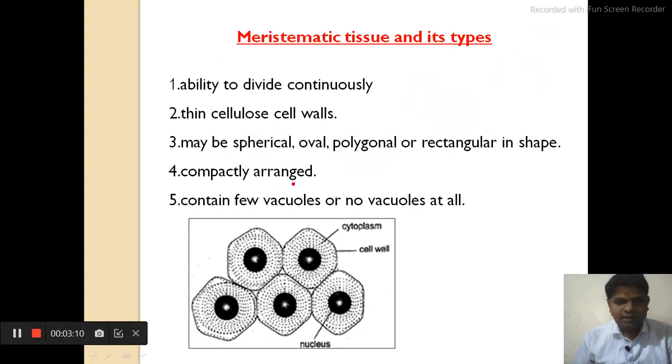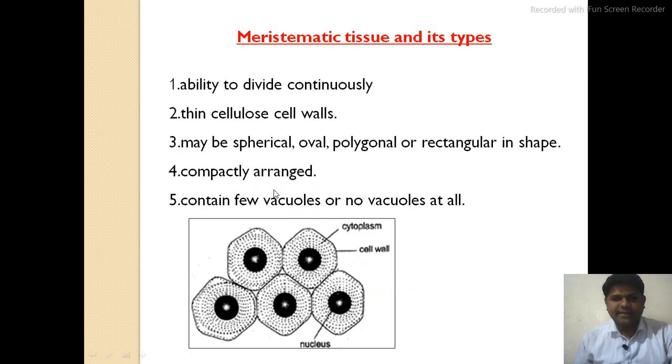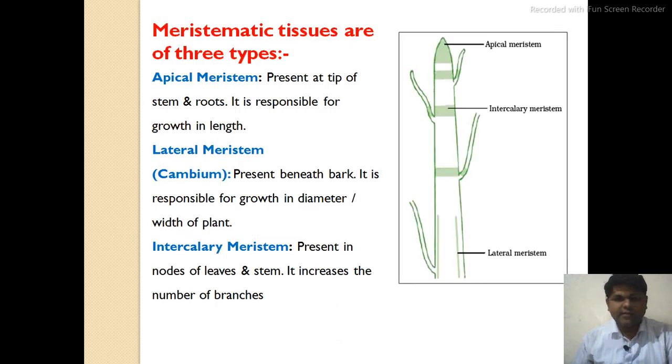So it has a large nucleus but doesn't have vacuoles; vacuoles are very few or absent. Here you can see the diagram: the cytoplasm, the very thin cell wall, and a large nucleus. So this is all about meristematic tissue, the continuously dividing type of tissue.